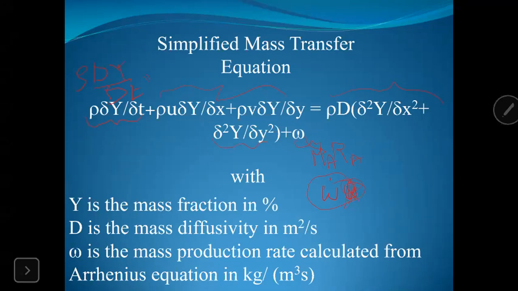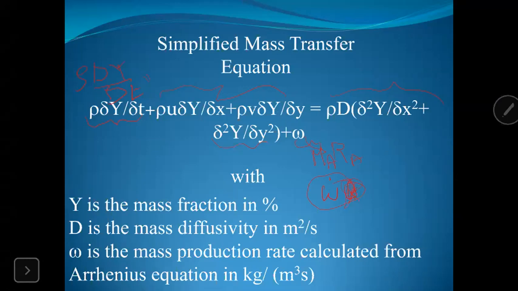Understood? We have 4 terms: mass accumulation, mass advection, mass diffusion, and mass production rate or chemical reaction term. This equation can be linked to the Navier-Stokes equation and to the heat transfer equation when we have 2 or more components, meaning a fluid with 2 or more components.